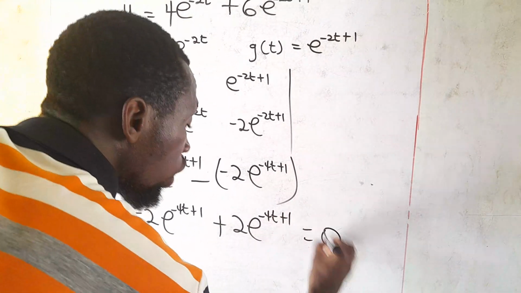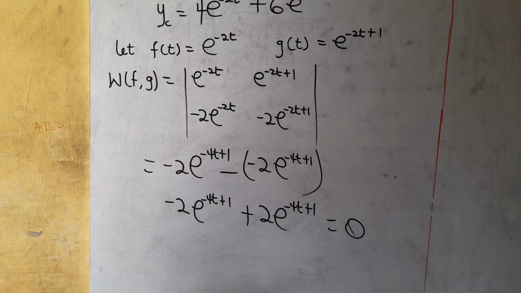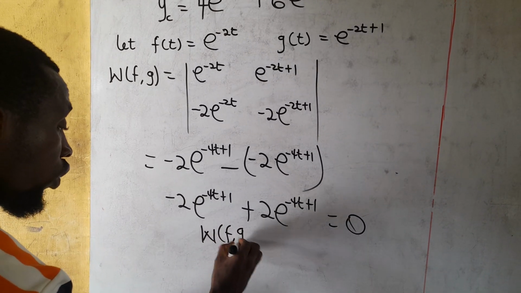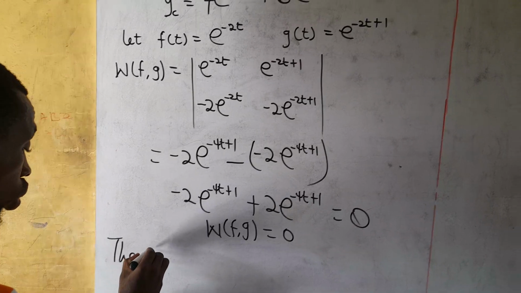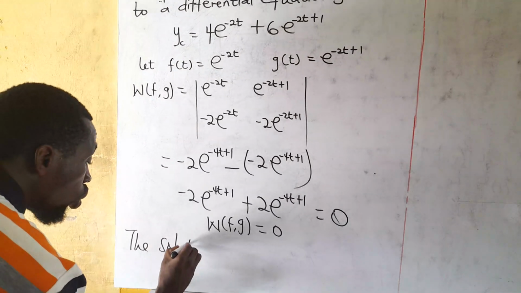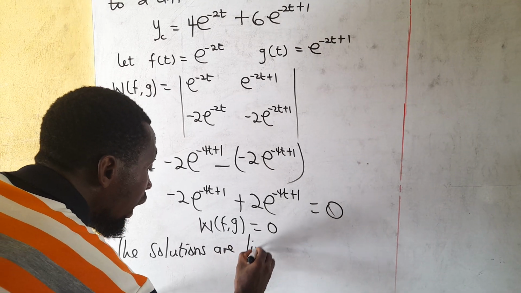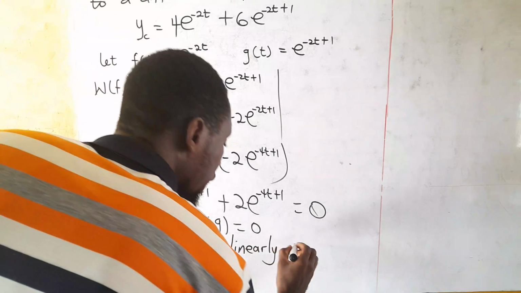And this is equal to 0. So negative 2 plus 2 is 0. Then we can say, since the Wronskian of f and g is equal to 0, the solutions are linearly dependent.